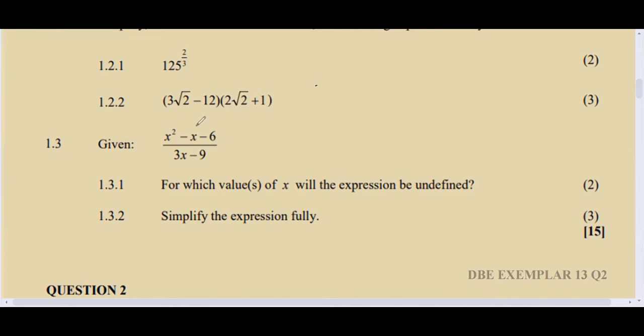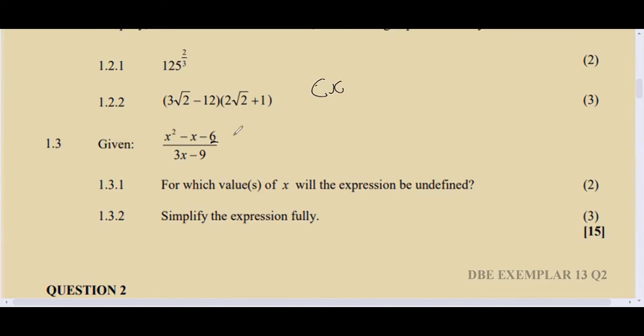With these questions, I always say that you have to check what will cancel out with the denominator here. So if we are looking at this, we can see that it is possible to factorize this, since we have the last term 6, and then we can look for the factors of 6. When we multiply those factors, they must give us 6, but then when we subtract those factors, they must give us 1. So obviously those factors, it's 3 and 2.